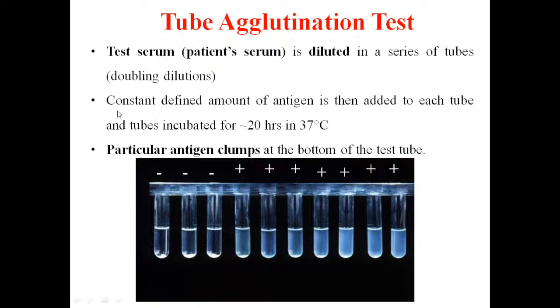Then, constant defined amount of antigen is added to each tube, and tubes are incubated for about 20 hours at 37 degrees Celsius. Particulate antigen clumps at the bottom of the test tube. Here.